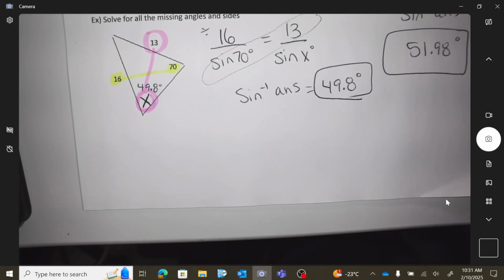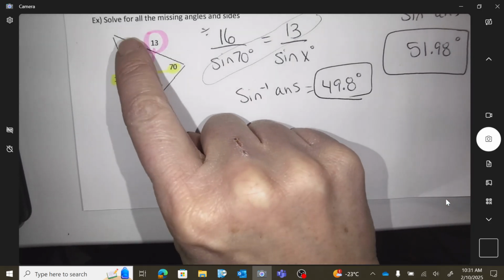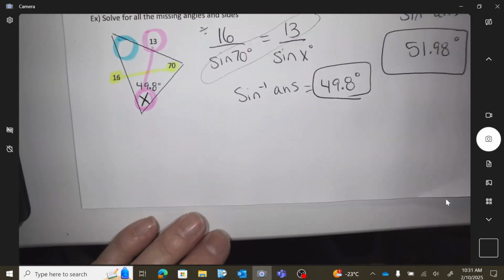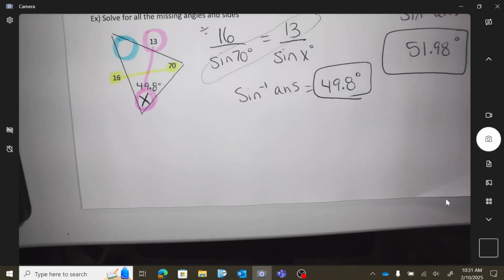Okay, here's the next maneuver I'm going to do, and you're pros at this from last unit. How many angles are inside a triangle altogether? 180. So what could you figure out right now for me then? I need you to get me this angle. Can you figure out that angle using just 180?